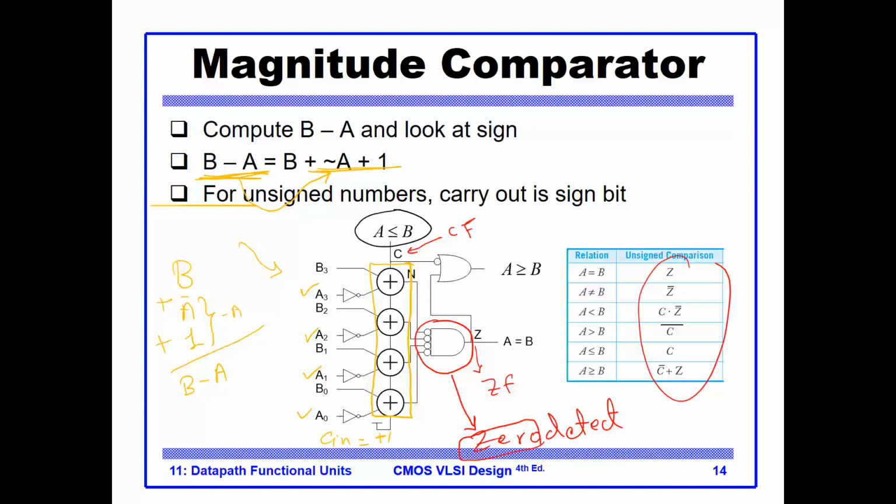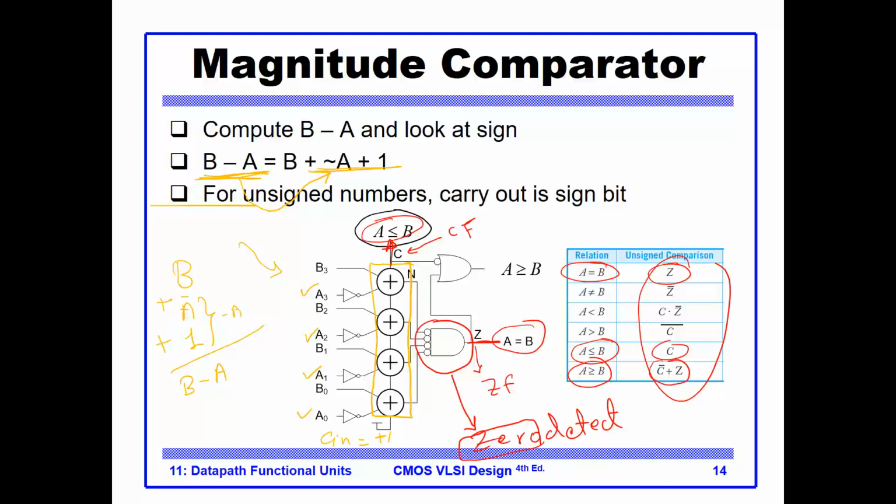Let's suppose, for example, I want to check if A equals B, which means I need to check the zero flag. If the zero flag is 1, A equals B. If the zero flag is 0, A is not equal to B. Now, what happens if I need to check A less than or equal to B? This is the carry flag. You can see this carry flag gives me this information. What happens if I want A greater than or equal to B? It is the inversion of the carry flag.